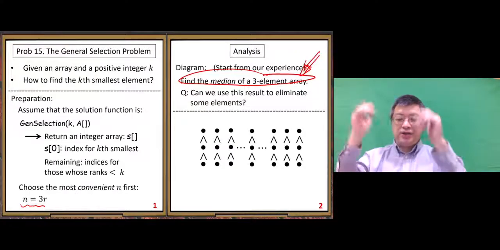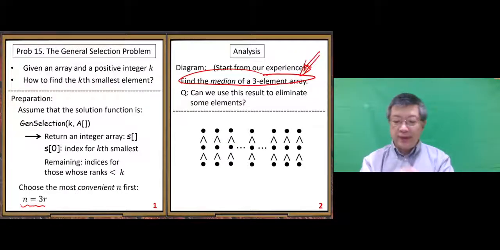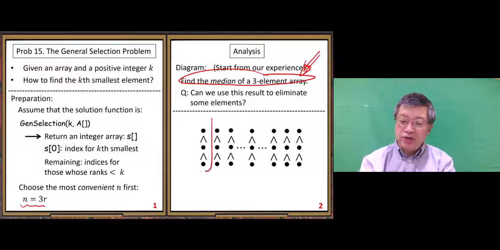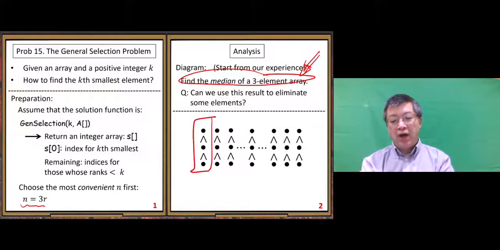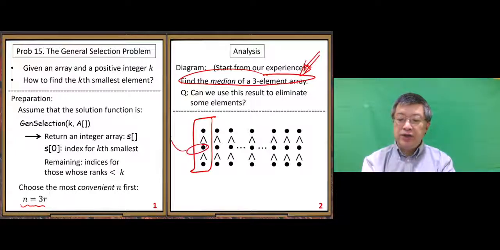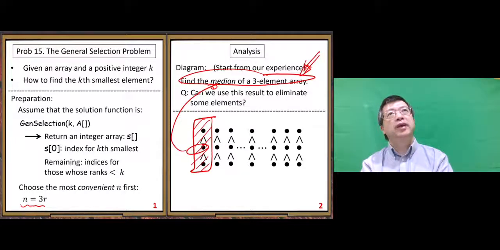So it looks like this. Here you can see for each group, this is one group. The top element is smaller than the middle element. The middle element is smaller than the bottom element. So the middle element is the median of this 3-element group.